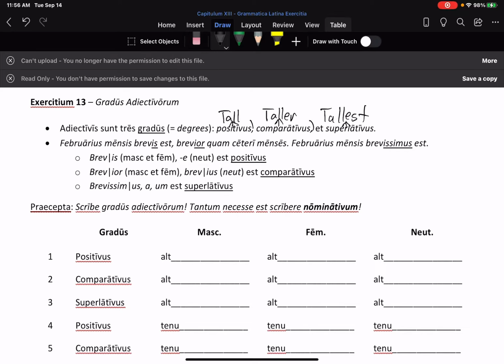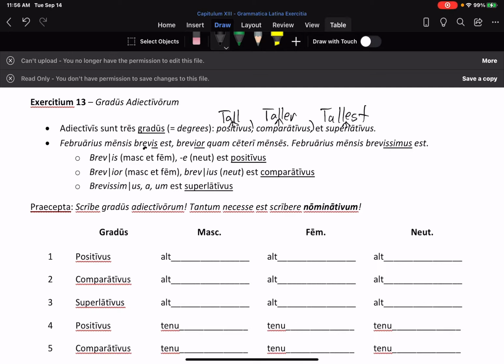Februarius mensis brevis est. February is a short month. Et Februarius brevior est quam ceteri menses. Brevior est quam. You remember that quam is a comparative word that means than. Brevior quam ceteri menses.